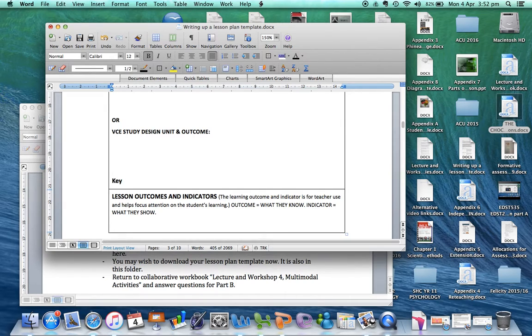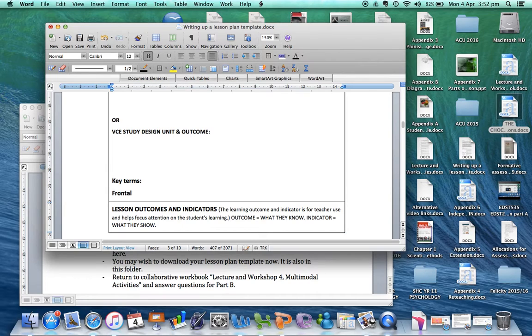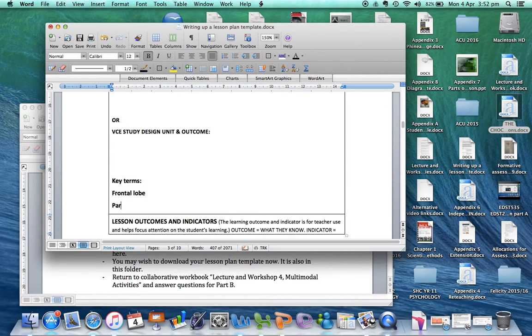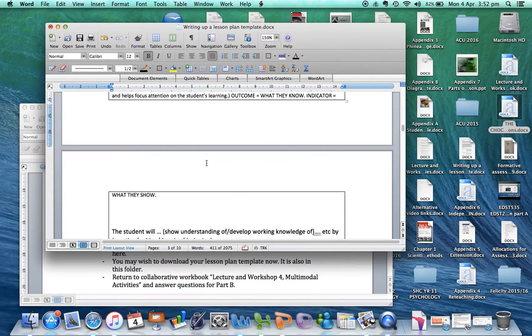So key terms might be, for example, for my particular one, frontal lobe, parietal lobe, occipital lobe, all of those things that the students are meant to understand and know by the end.